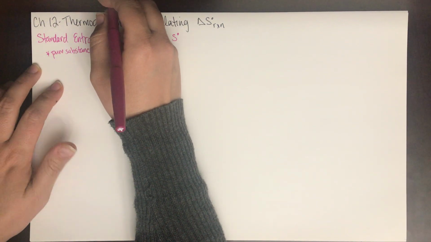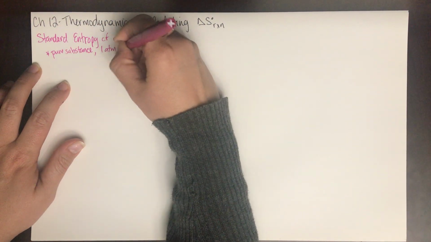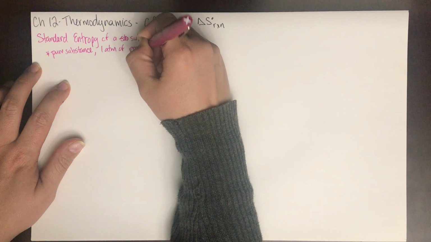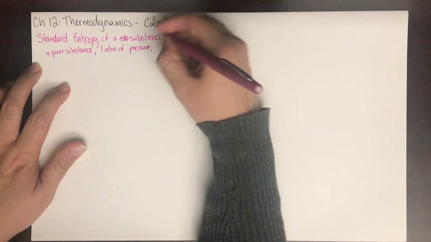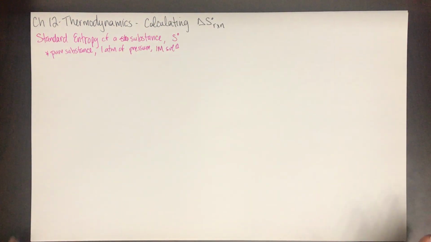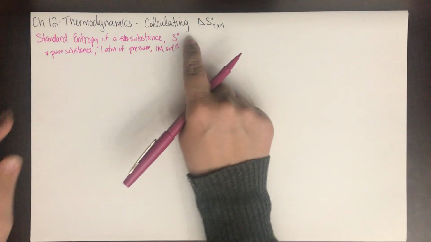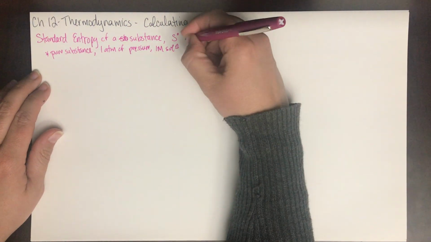In its standard state, which is 1 atmosphere of pressure and 1 molarity if it's a solution. So either way, you're going to be given these standard entropies for different substances.